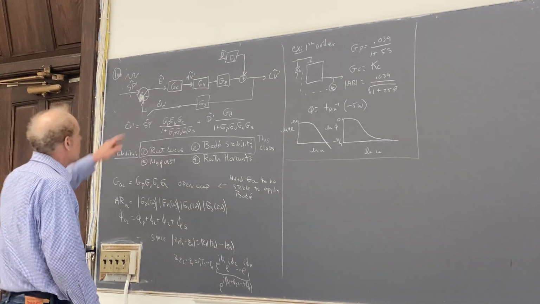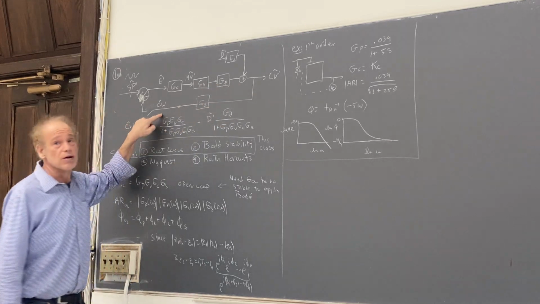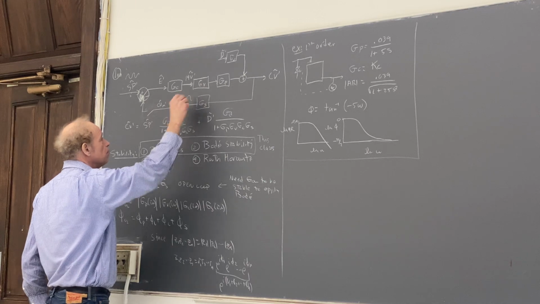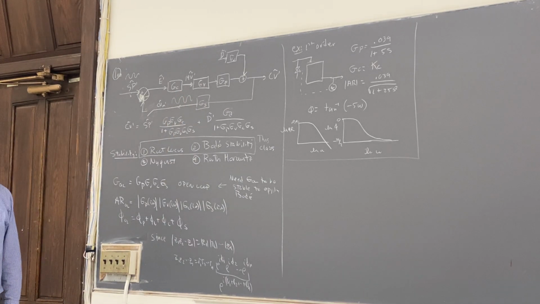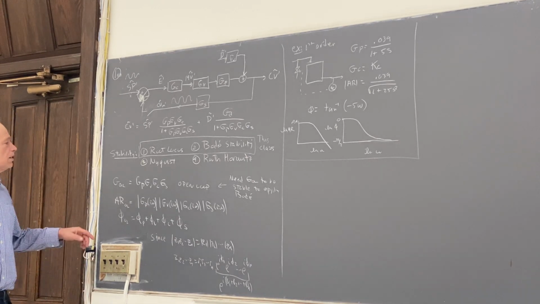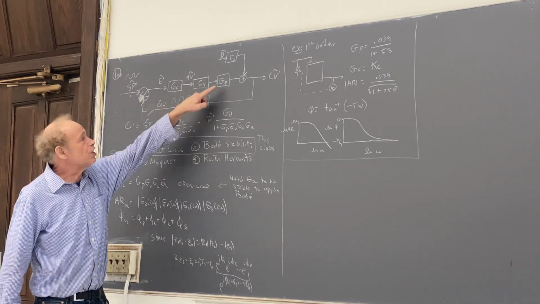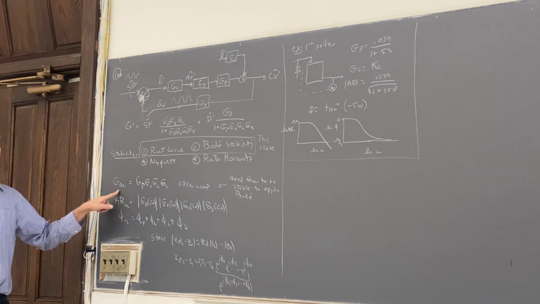So I have a sine function here, here, here, here, and here. So these are all sine functions, but there could be a different amplitude. Now the amplitude is multiplied by the amplitude ratio of GC, GV, GP, GS, which is exactly G open loop.